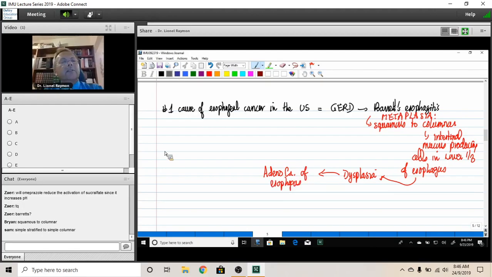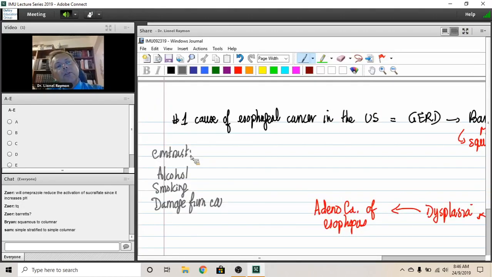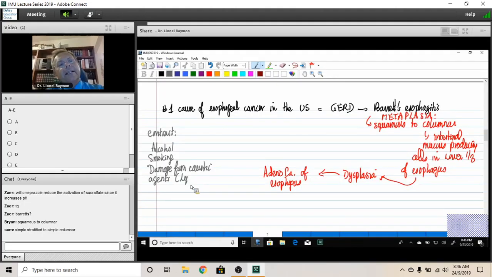Now, contrast. Alcohol, smoking. Okay. Damage from caustic agent like lye, for instance.